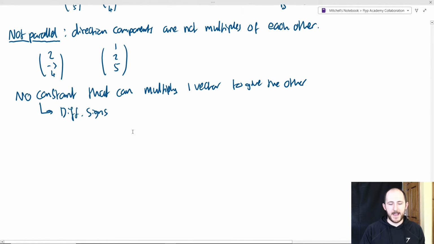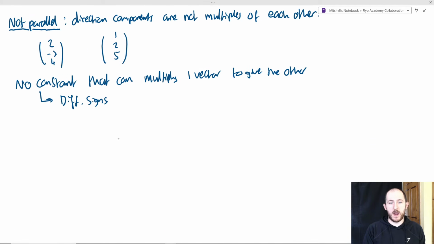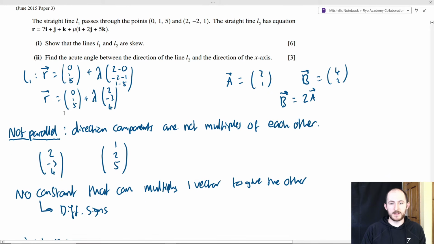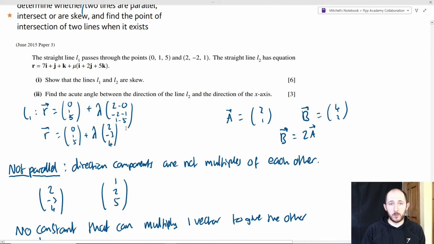So, here's where things get way more interesting. This is going to be quite beefy. So, don't intersect. What we need to do, for them to intersect, the actual components themselves need to be equal, right? So 0 plus 2 lambda should equal 7 plus mu, right?